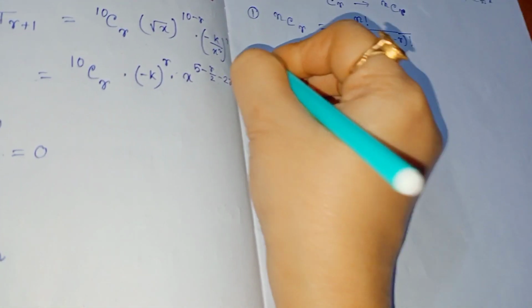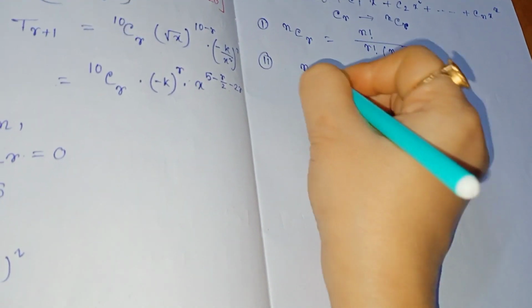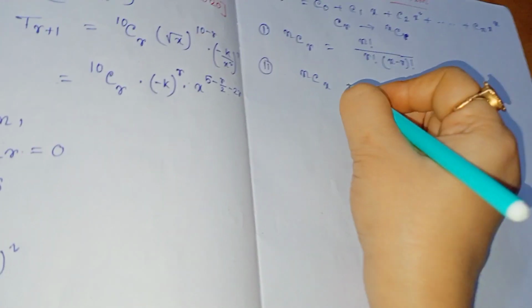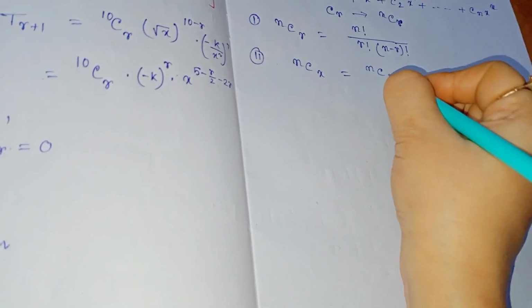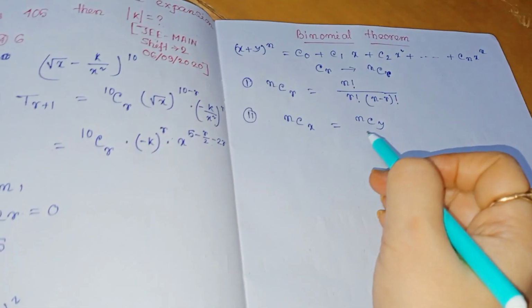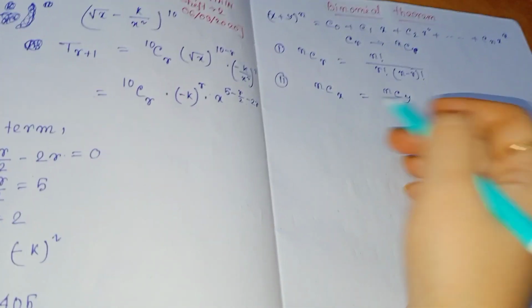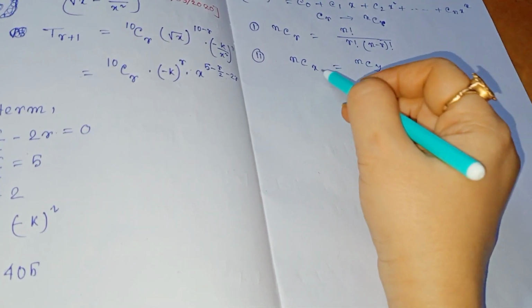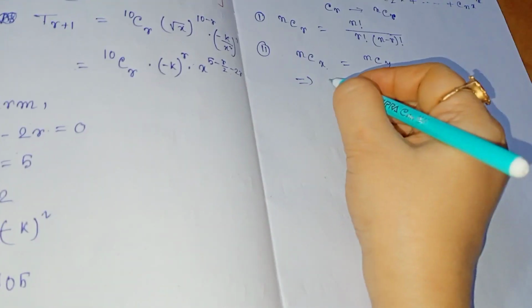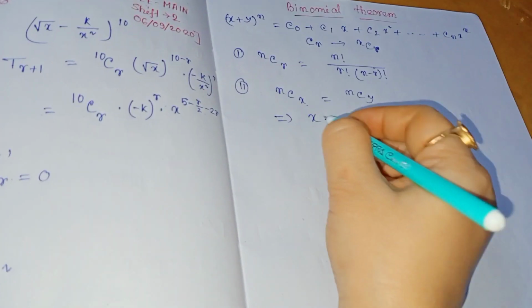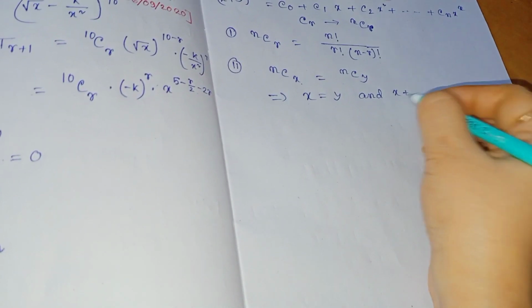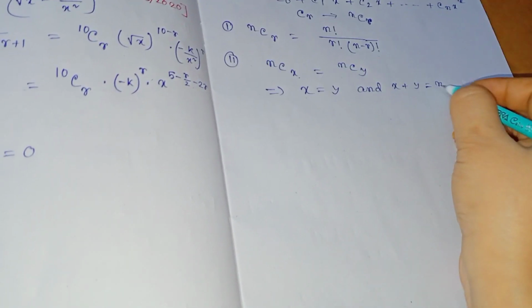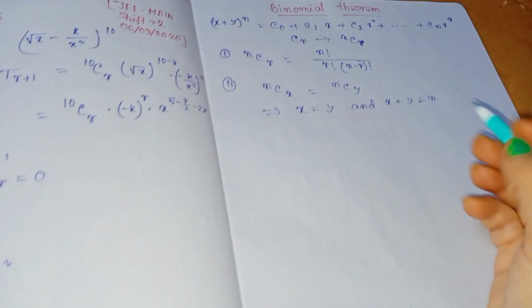Number 2: if nCx is equal to nCy, an equation is formed here, then we may say that x is equal to y, and x plus y is equal to n. Is it clear?